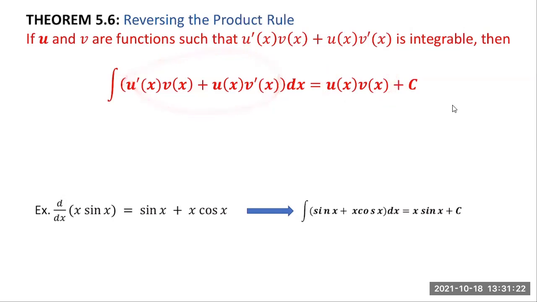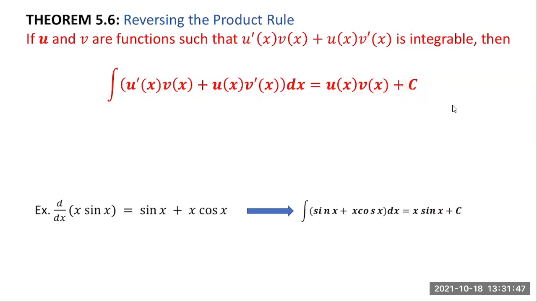What that means is that the indefinite integral of this function is equal to that antiderivative plus a constant. That's by the definition of indefinite integral. This is what we call undoing the product rule, reversing the product rule. We have a product here, and the integral is equal to the product of those two functions plus c.